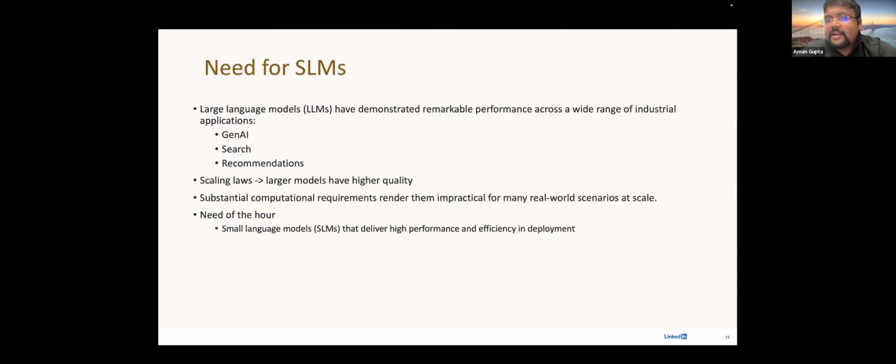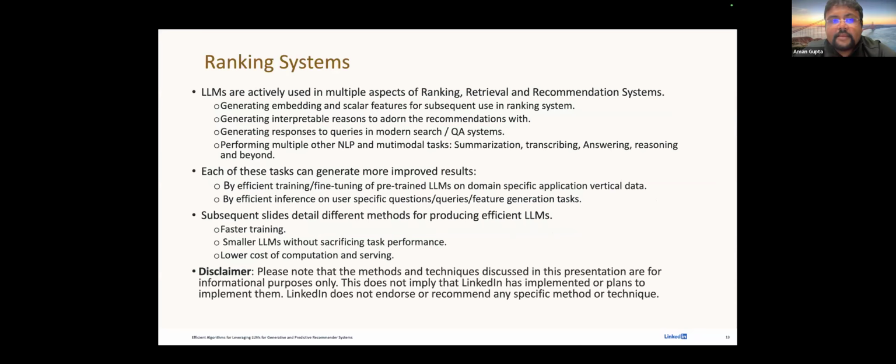For instance, it's very hard to deploy a 100 billion parameter model for a use case which requires latency of less than 100 milliseconds. So what we are focused on at LinkedIn is how to build small language models that deliver high performance and efficiency in deployment. That's been the main focus of this team and a lot of other teams at LinkedIn.